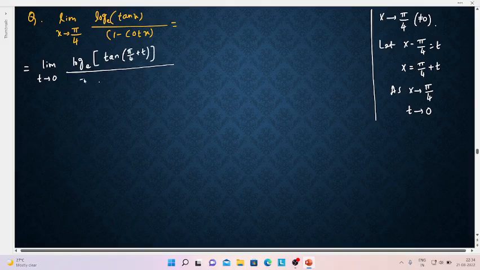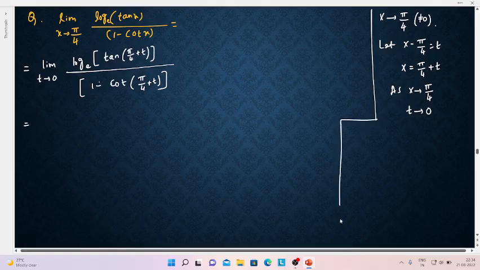Similarly on the denominator we have 1 minus cot of pi by 4 plus t, right? Does that make sense? Yeah. So basically let me first find out the value of cot of pi by 4 plus t.